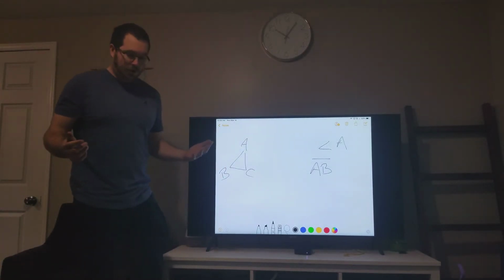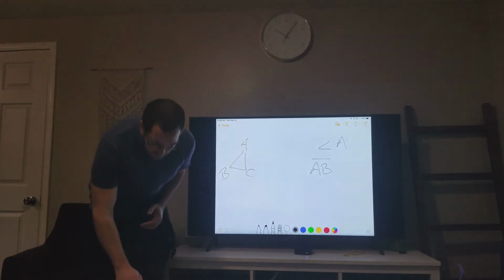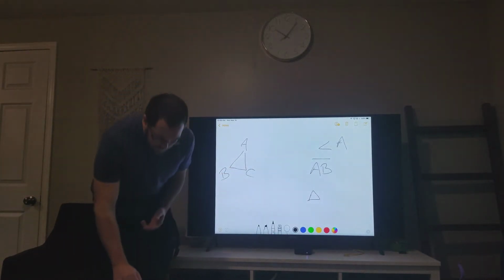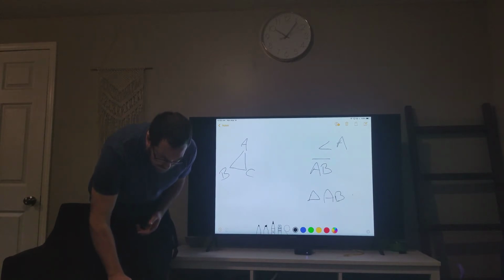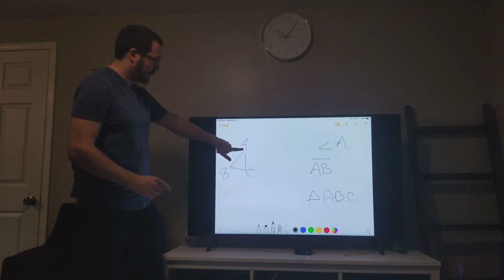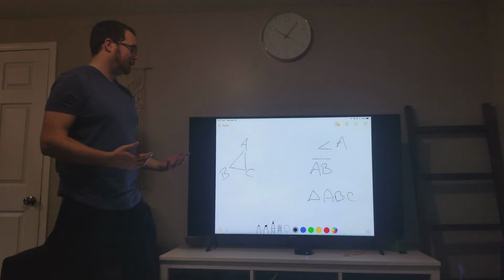We can also talk about the triangle as a whole by using the triangle symbol and say we're going to be talking about triangle ABC. In this case, I'm referring to this entire triangle, starting at angle A to B to C, to make this entire triangle.